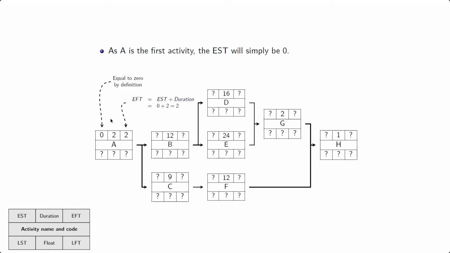By definition, the earliest starting time for the first activity is always going to be equal to 0. And the earliest finishing time is always going to be equal to the sum of the two numbers to the left. So the earliest starting time, 0, plus the duration, 2, is equal to the earliest finishing time of 2.